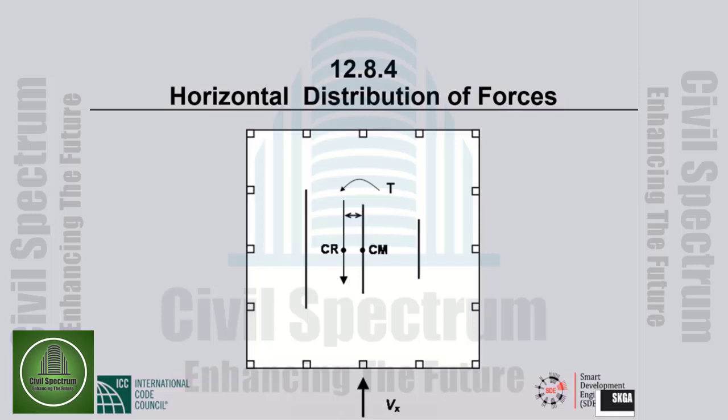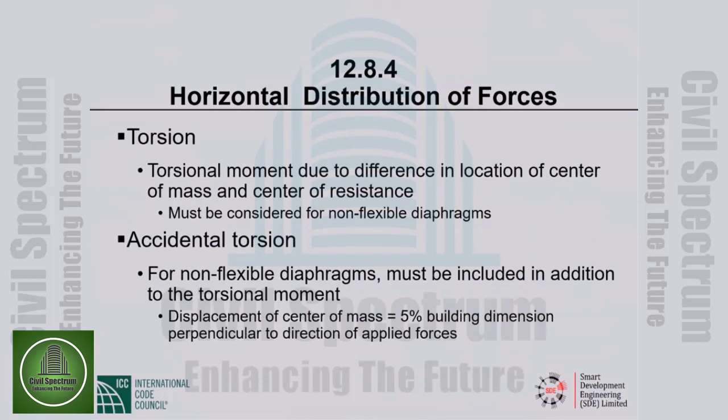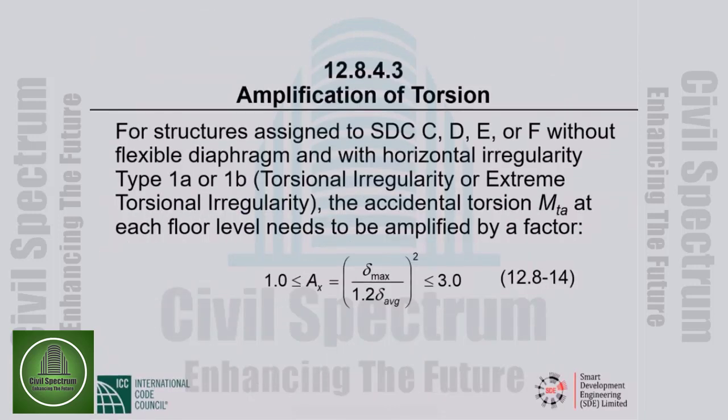And if we have torsional irregularity, 1A or 1B doesn't make any difference, the accidental torsion has to be amplified by an amplification factor up to 3 before adding to the inherent torsion. I told you all of this yesterday. Now, torsion is a consideration if your diaphragm is rigid. If the diaphragm is flexible, it cannot transmit any torsion, and then it is not an issue as far as what we are discussing.